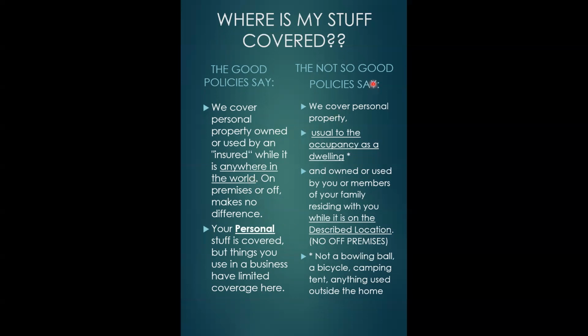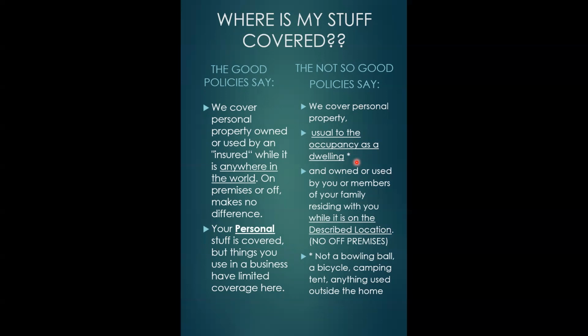But some not so good policies, different story. A not so good policy might say, we only cover personal property that is usual to the occupancy as a dwelling. Meaning just the stuff that you use in the house in connection with occupying the house as a dwelling.